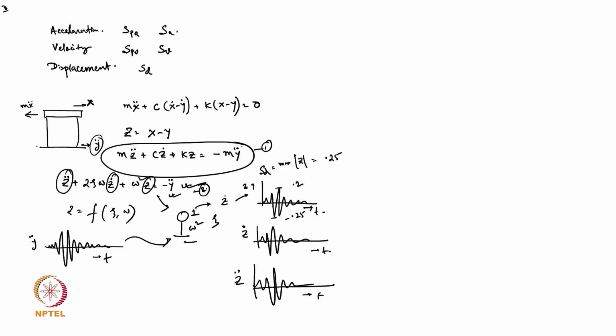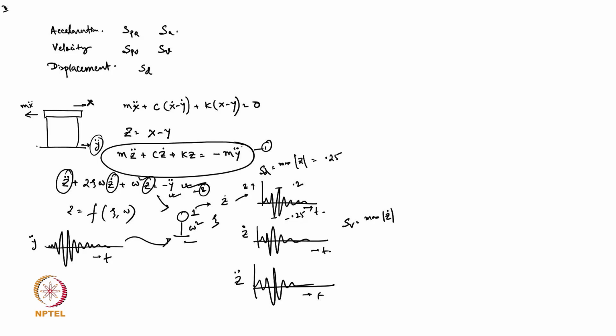Okay, good. Now, the second thing is SV. SV is max of Z dot, max of the absolute of Z dot. It should always be the absolute value, because it can be negative also.